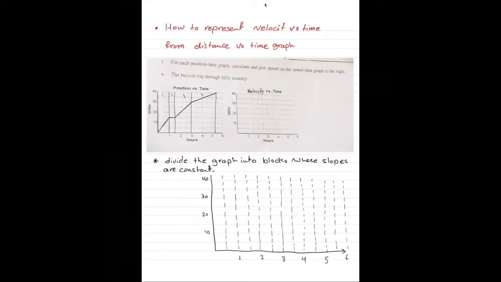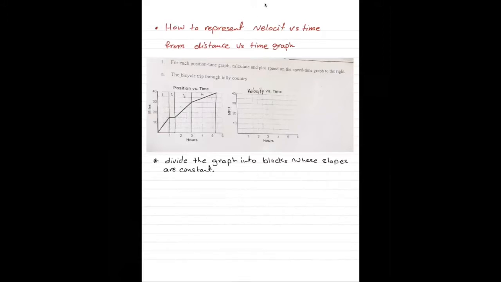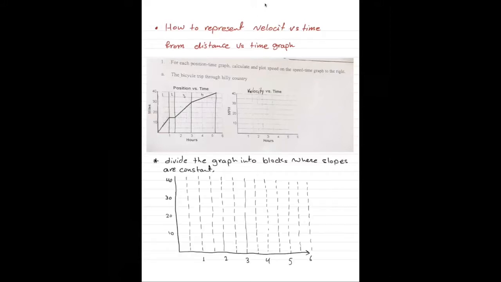Okay, so we have our graph that we need to use. Actually, we forgot a very important thing here on the graph. We need to put our units for the graph. Units and what are our axes. So as usual, our x-axis is time.